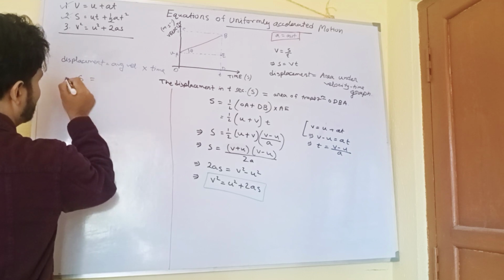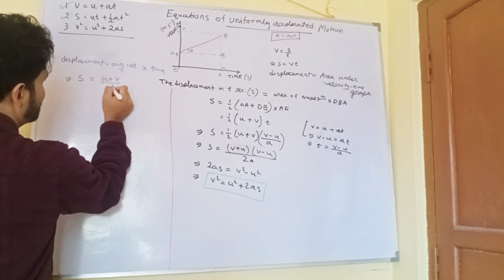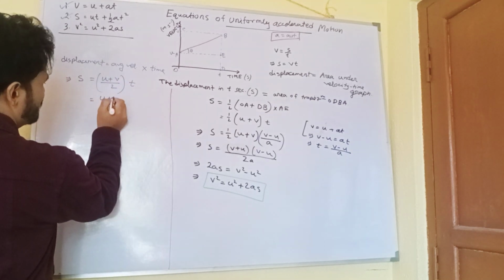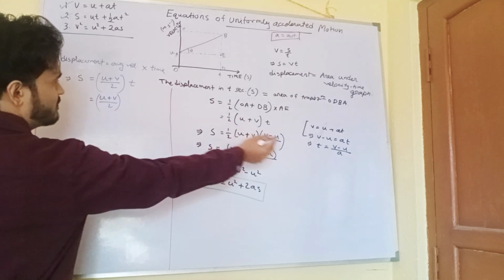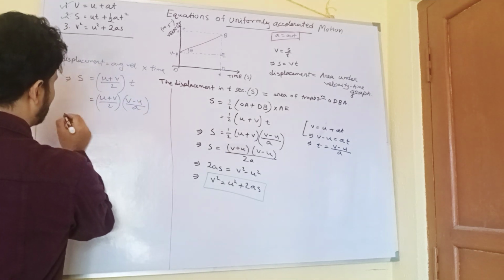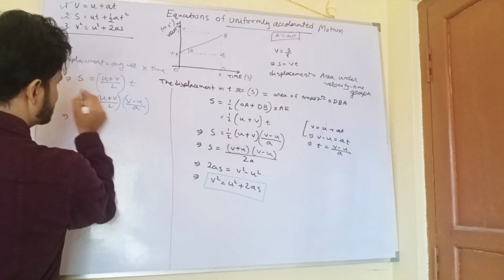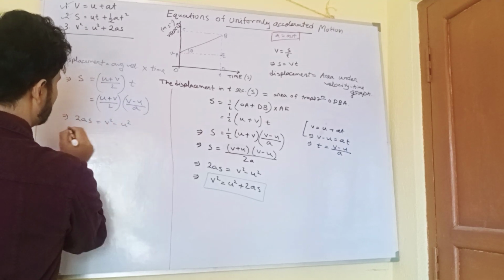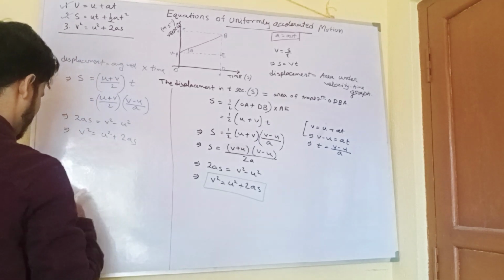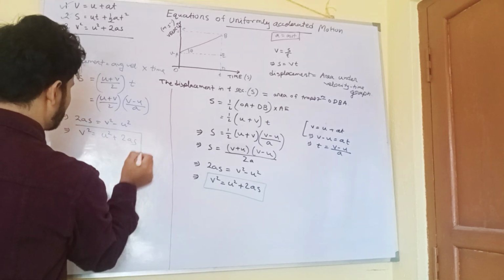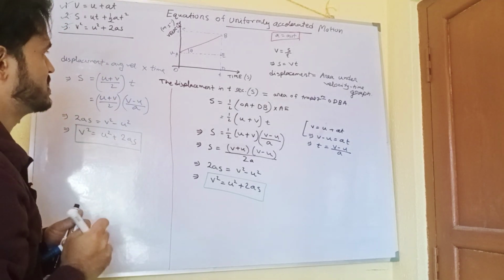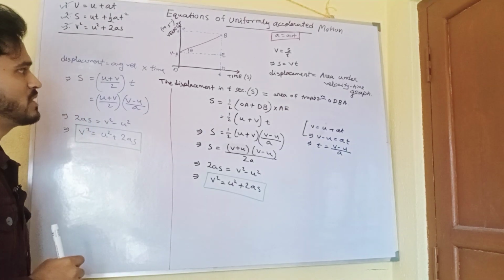It is U plus V by 2 into T. In the same way, putting the value of T, that is V minus U by A, and cross multiplying, 2AS is V square minus U square. So V square equal to U square plus 2AS. Thus we prove all three equations of motion using both methods. One is by definition, or the analytical method, and one is by the graphical method.